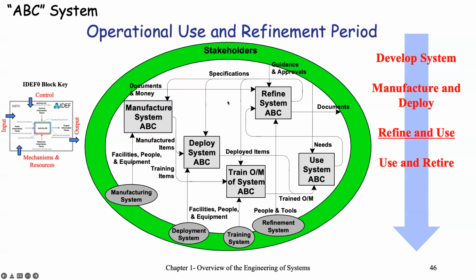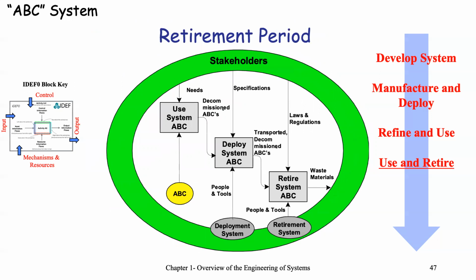Then we get into, okay, we're no longer doing any development. It's been deployed. Now we just need to do the refinement and use and training for operation. You're just in the heart of the matter for operation. So that would be the third phase. And then this last phase is where we're no longer thinking about upgrading.